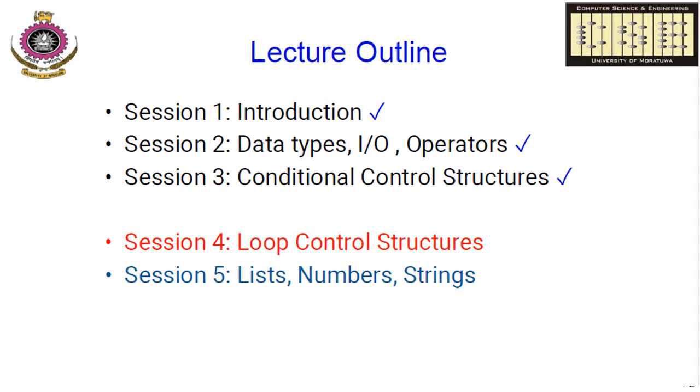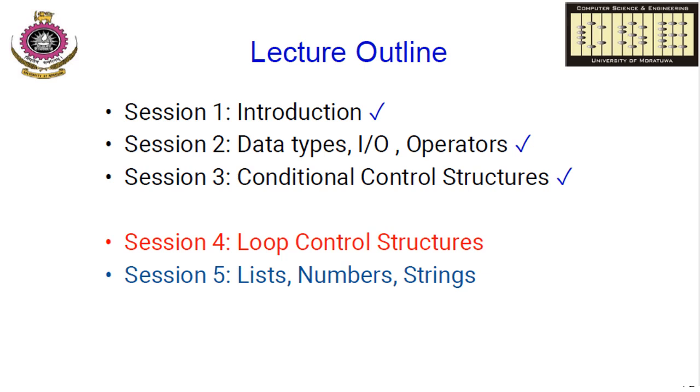So in this course on programming fundamentals, during the first week you were given an introduction, and in the second week, lecture 2, you were introduced to data types, IO, that's input output, and operators. And in the most recent past week, in session 3, you were introduced to conditional control structures.